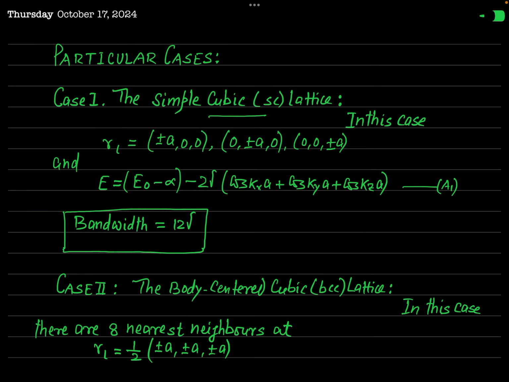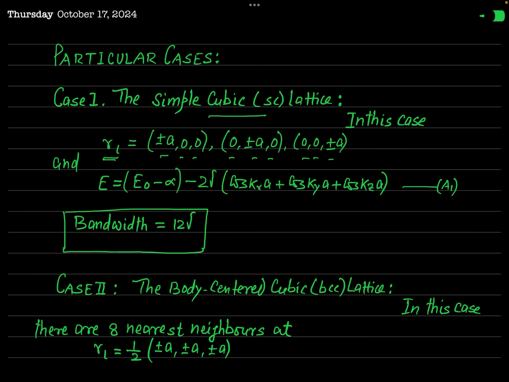In a simple cubic lattice, R_L is the distance of the nearest neighbors from an arbitrary origin, and R_L is equal to (plus minus a, 0, 0), or (0, plus minus a, 0), or (0, 0, plus minus a).